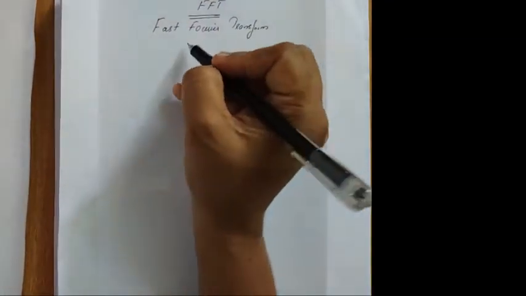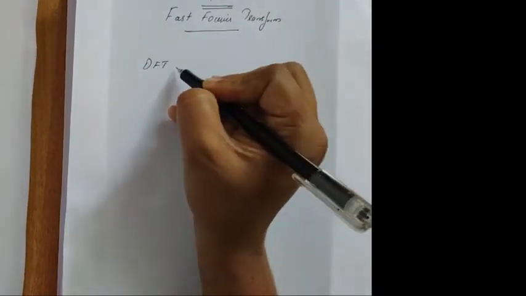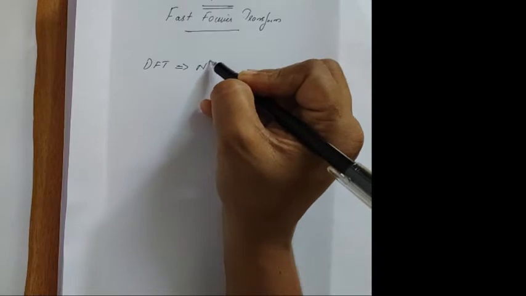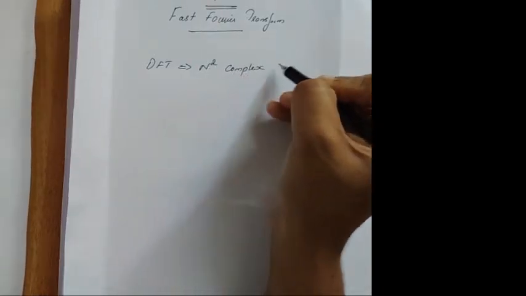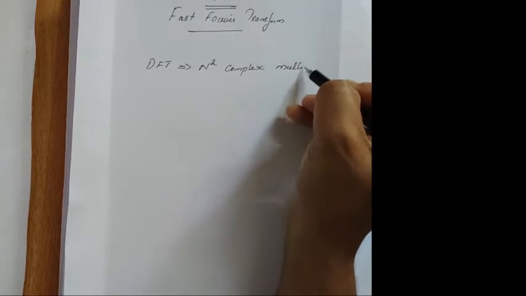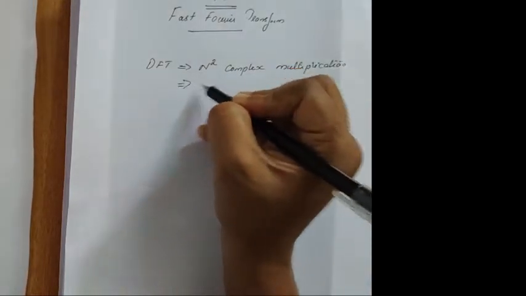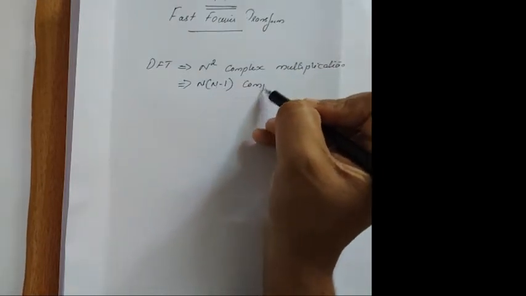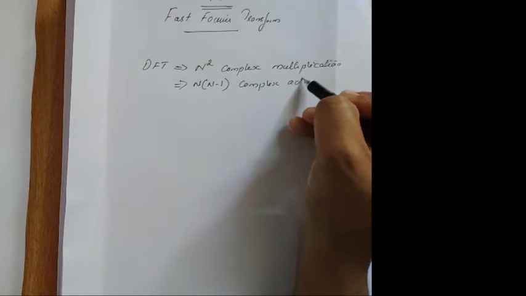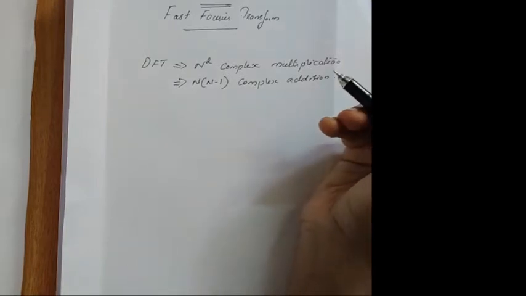In direct computation, or in the discrete Fourier transform, we know it needs n square complex multiplications and n into n minus 1 complex additions to complete a problem.